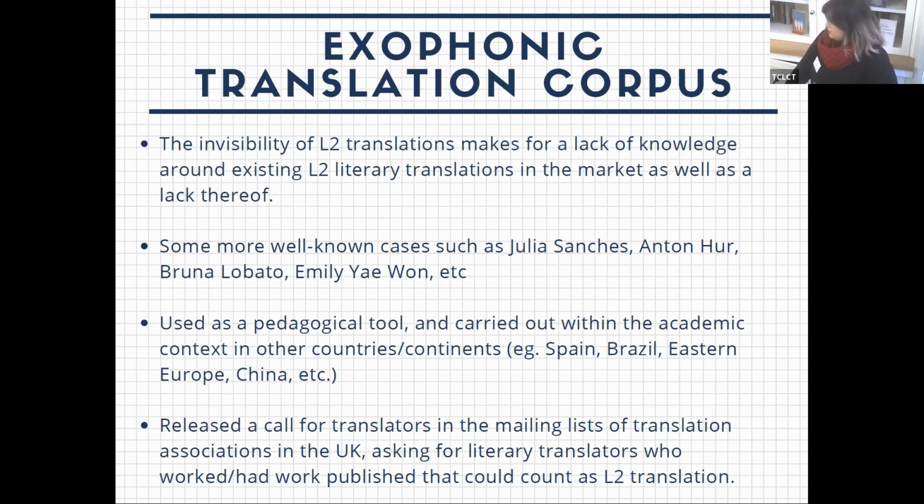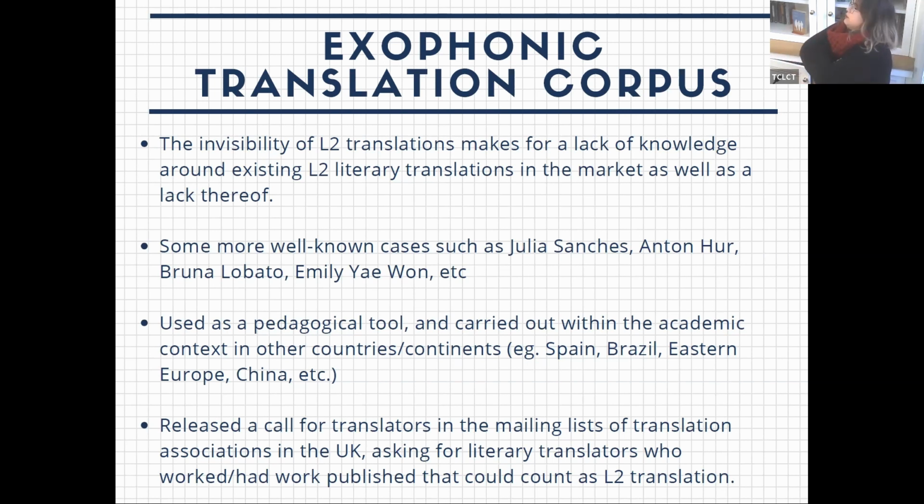And then we have, as I said, the example of Korea. We have a lot of Chinese translation studies, because China has a different relationship to English and to the West than former colonies like Brazil. So it would be interesting to tap into these specific contexts as well.